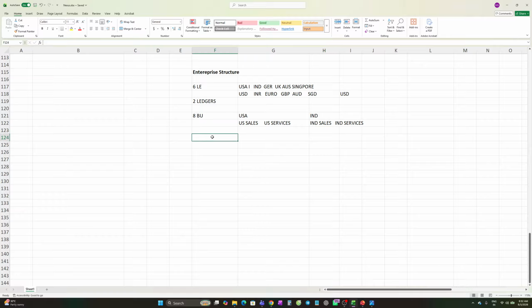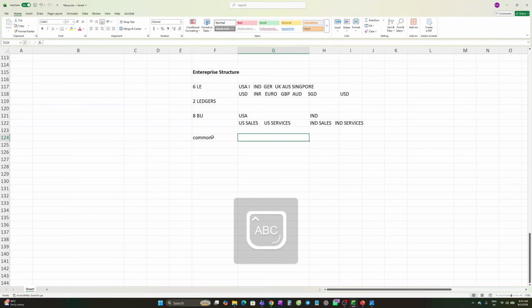Because of this, we are using the common COA, common calendar, and common currency.